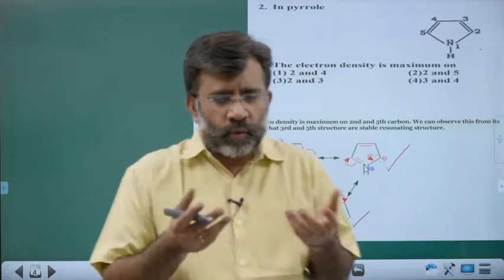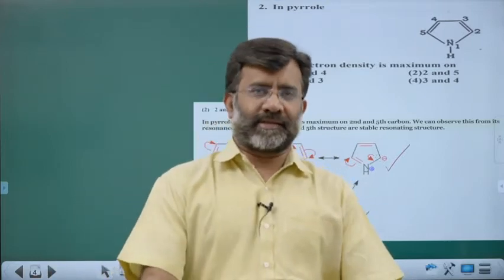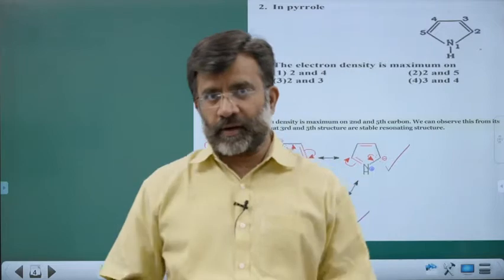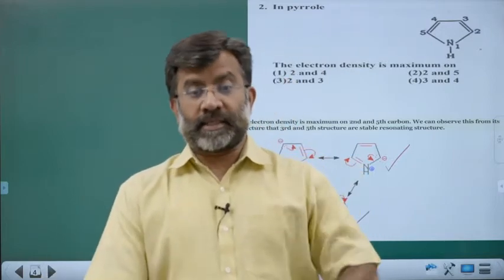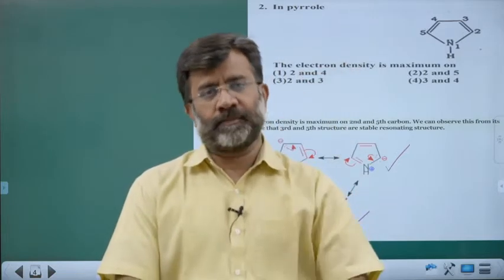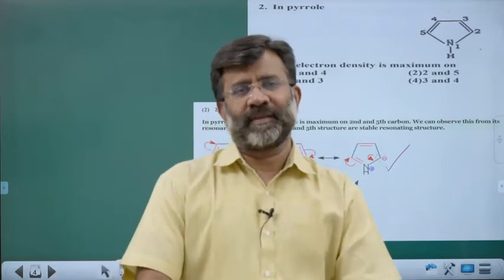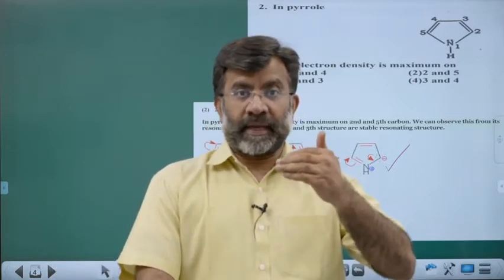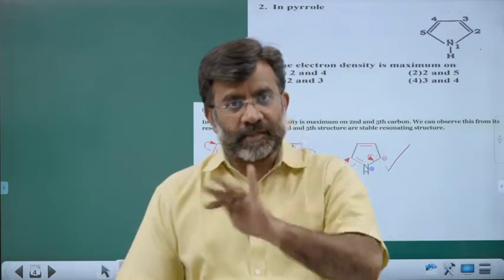So what is the rule governing the more contributing resonance structure? There are several rules you might have been taught. Maximum number of multiple bonds, maximum number of pi bonds. That is one rule. Another one: negative charge on more electronegative atom and positive charge on less electronegative atom.